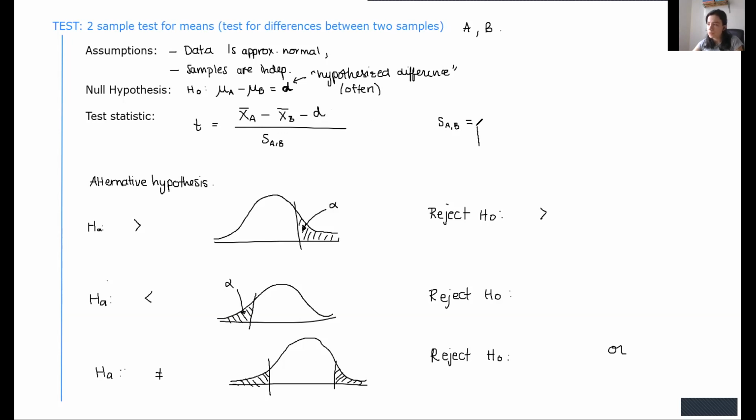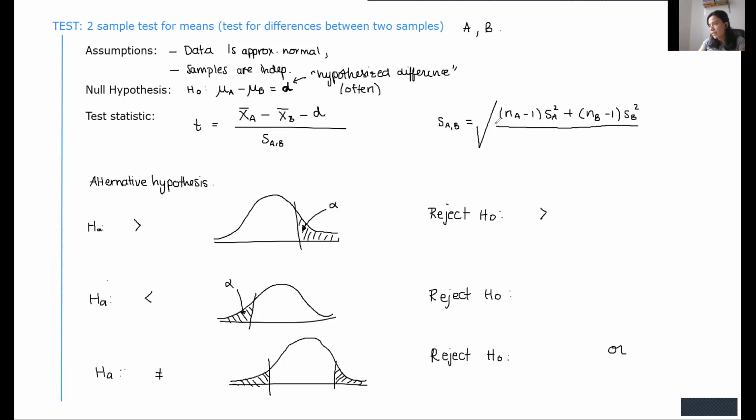So this is going to be a square root. You can see from the size of the square root that this is going to be a long expression. This is NA minus 1 times SA squared plus NB minus 1 times SB squared. So that means the sample size for the first sample minus 1 times the standard deviation squared for the first sample, plus the sample size for the second sample minus 1 times the standard deviation squared for the second sample.